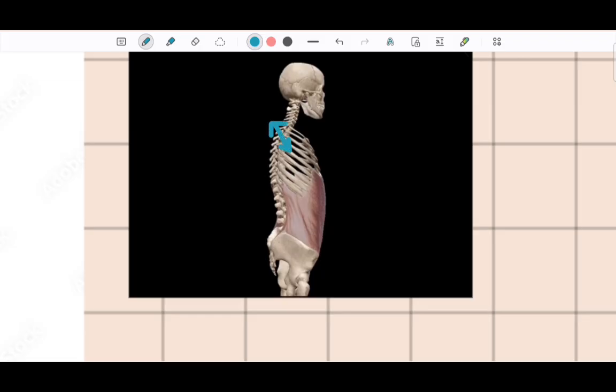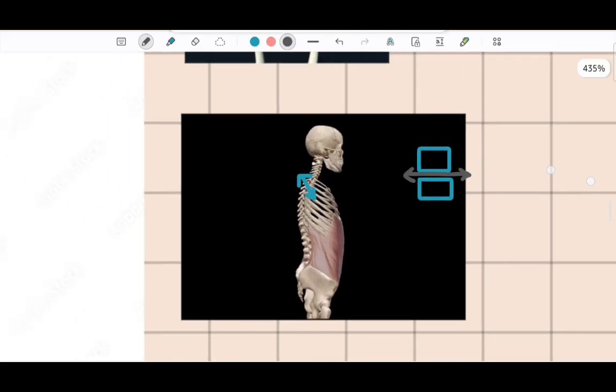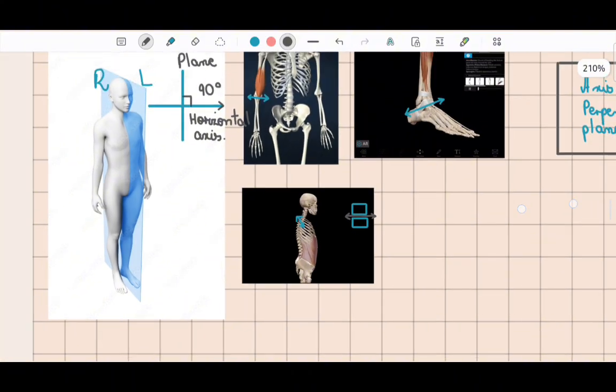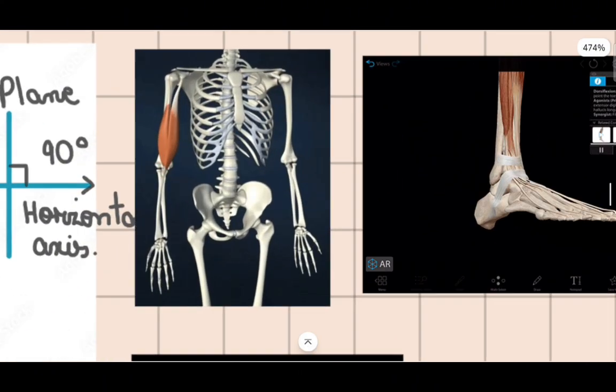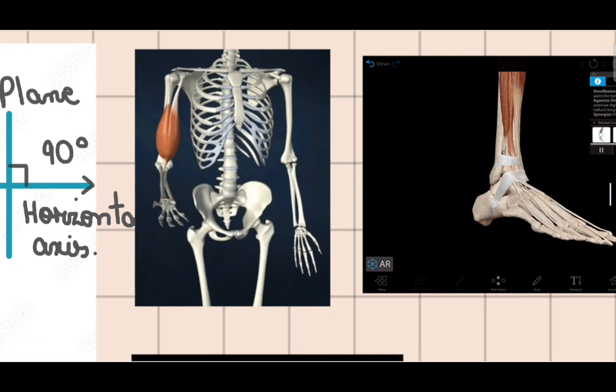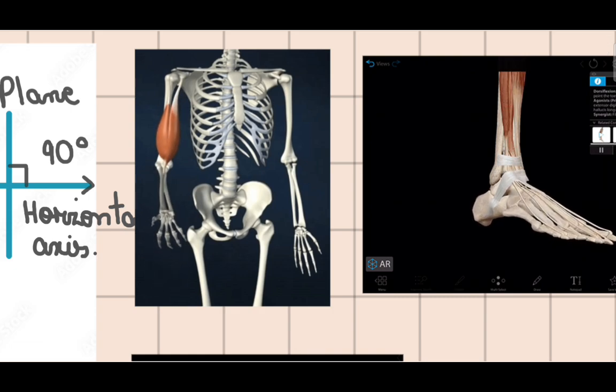Let me just draw it here also. This is your one spine, this is your second spine, and the movement is basically occurring here. Okay, so this is your plane. Now let's just see the movements here. You can see here at this plane, this is your movement, and this was your axis.